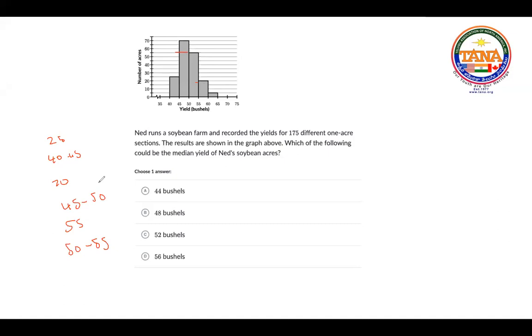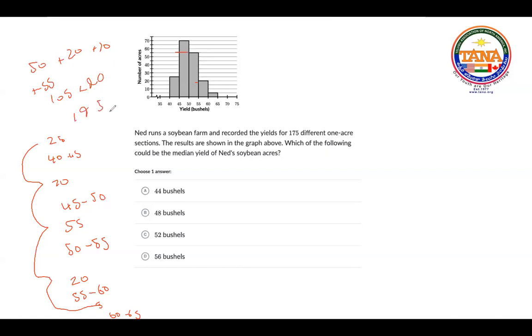That is 20 from 55 to 60, and 5 from 60 to 65. So overall, when you add up all the numbers, 25 plus 25, 50, plus 20, plus 70, plus 55. So 105 plus 90. So you have 195. And you want to get, or wait, did I add these up right?